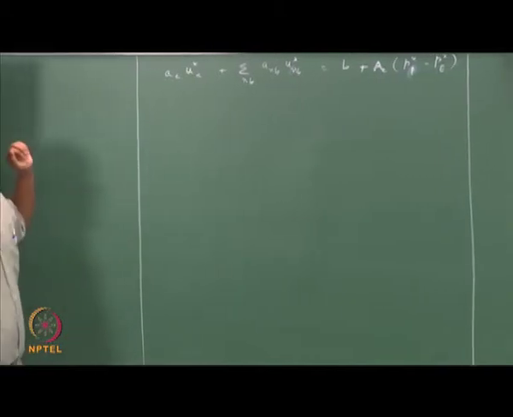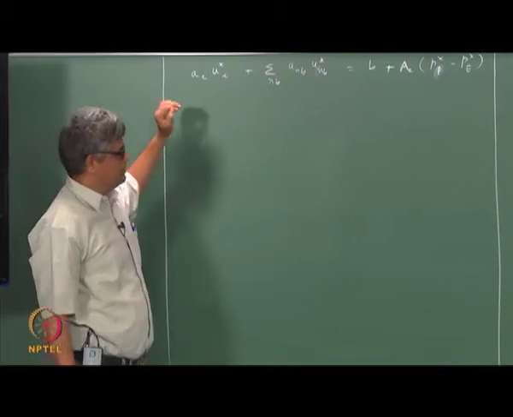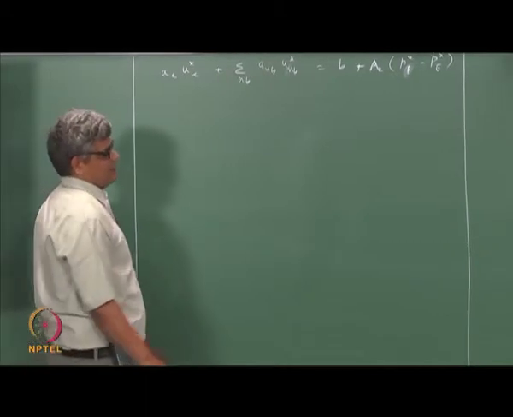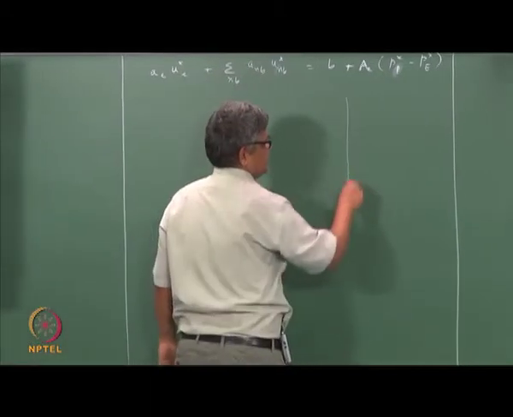This is the discretized momentum equation, x momentum equation, on a staggered grid, which we identified like this.